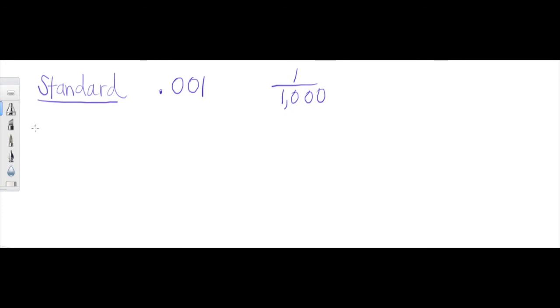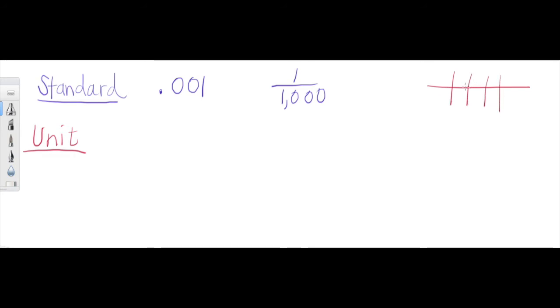Now let's look at unit form. Unit form is going to take a look at this number on a place value chart. I'm just going to write our place value chart very quickly over here.